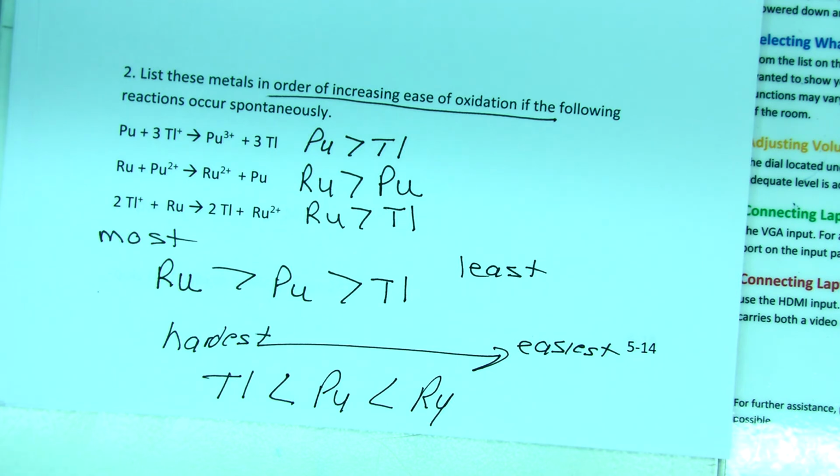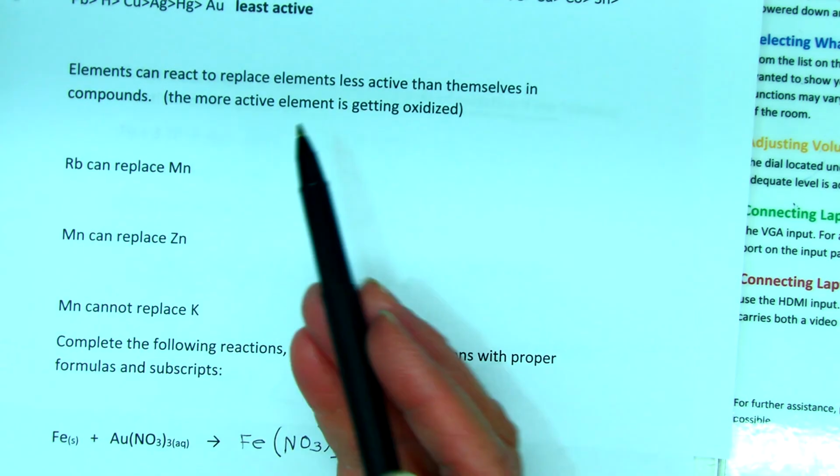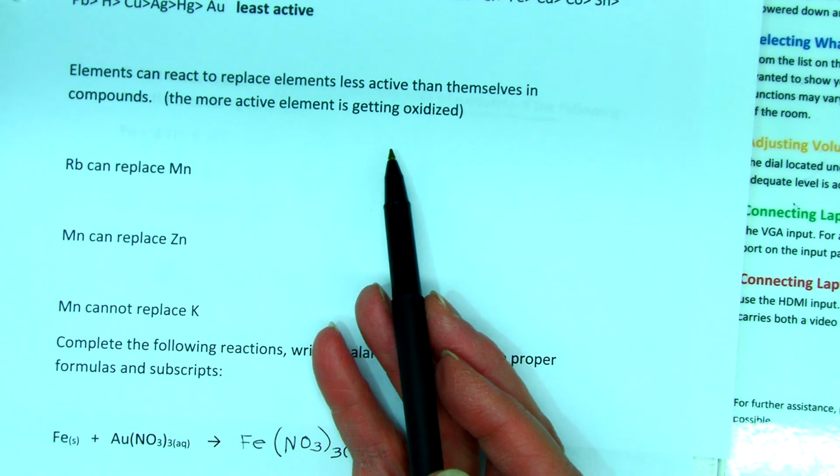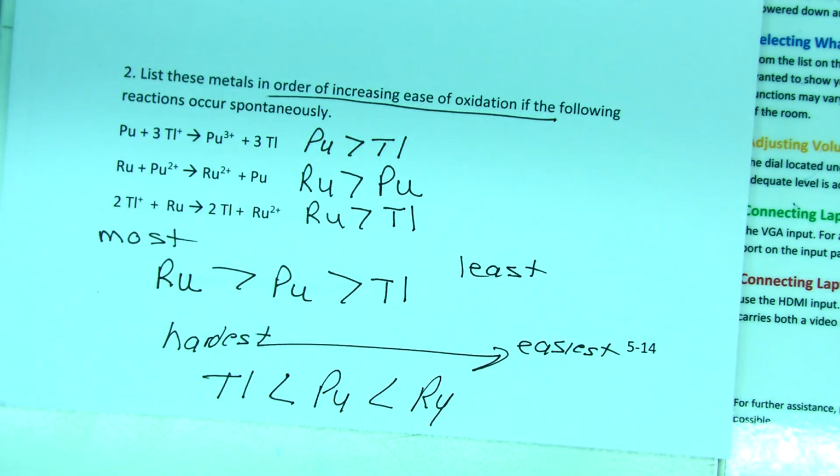And if you don't remember that, look back to your note packet on page 5-10. On page 5-10, it says right here, the more active element is getting oxidized. So when you do that, then I think it makes sense to be able to answer those questions.